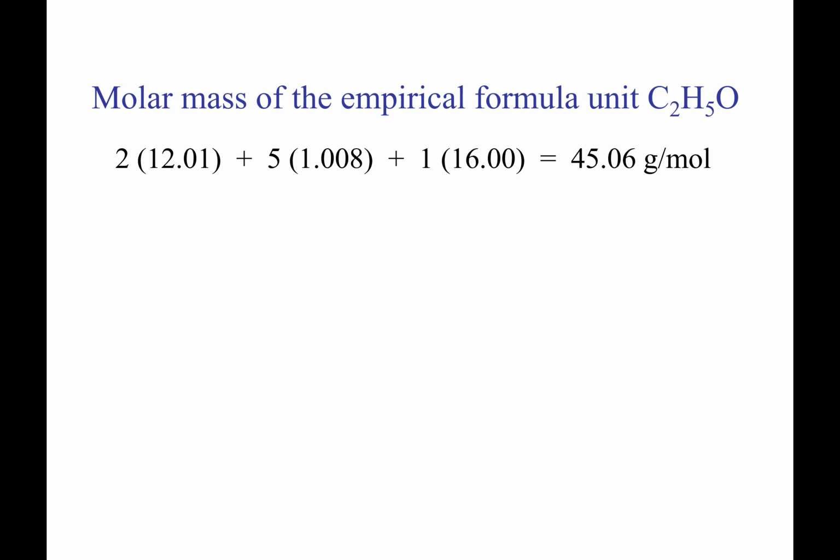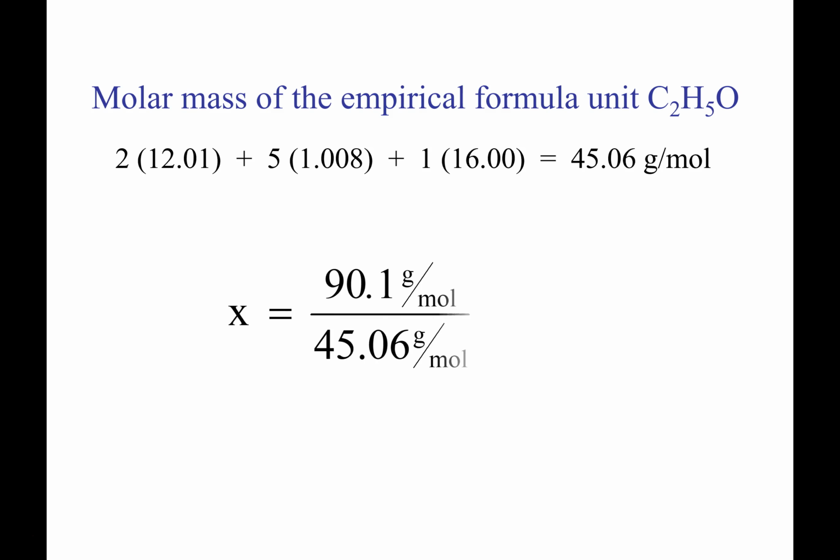So that's our repeating unit. So here we go. Then how many repeating units we have is the molar mass of the whole thing, 90.1 grams per mole, divided by the molar mass of the repeating unit. So 90.1 divided by, yeah, I get 1.999556, so that's 2.